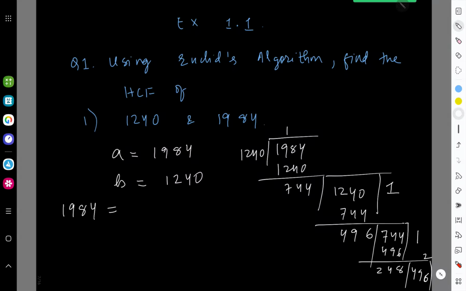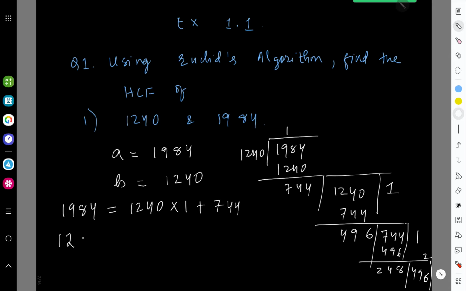1984 is equal to, what is our first divisor? The first divisor is 1240. What is the first quotient? The first quotient is 1. What is the first remainder? 744. Now this 1240 becomes our new dividend.